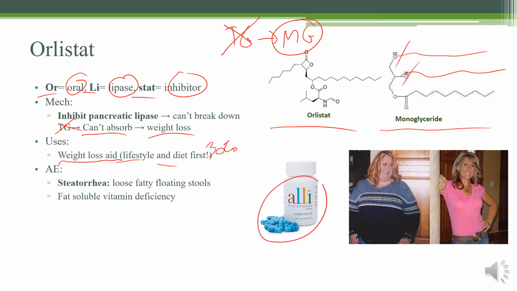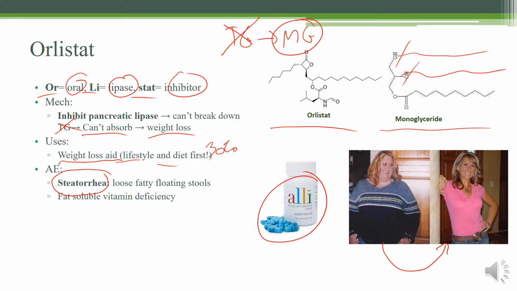I showed you a picture of Alli, which is the brand name here in the US for Orlistat, and I've showed you a picture over here of a weight loss program. They use it as advertisement, letting you know how much weight you could lose if you were on this magic pill. Now remember, the adverse effect is going to be steatorrhea.